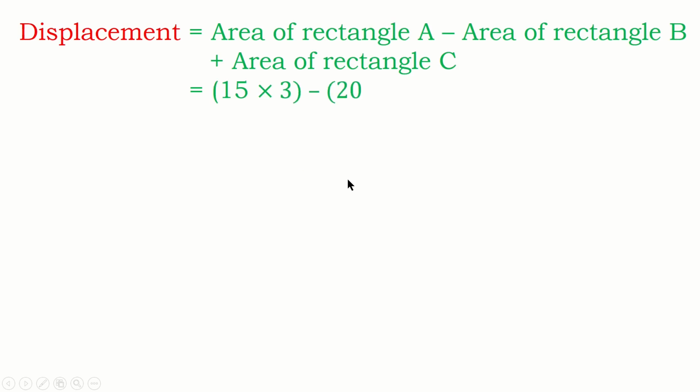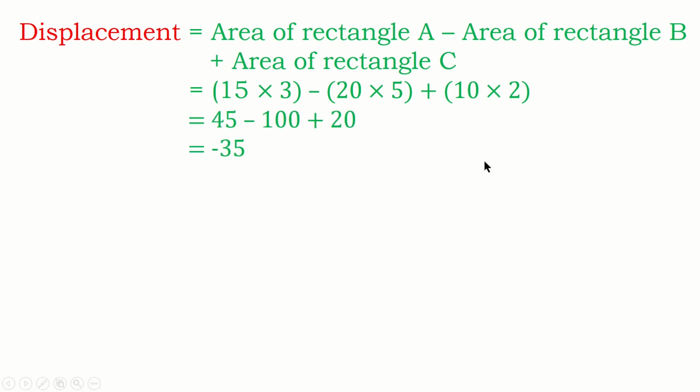The same we are representing here: 15 into 3 is the area of rectangle A, minus the area of rectangle B, 20 into 5, plus the area of rectangle C, 10 into 2. The first value is velocity and the second value is time. When velocity is multiplied by time, we get displacement. 15 into 3 is 45, 20 into 5 is 100, and 10 into 2 is 20. That's why the displacement is minus 35 meter.